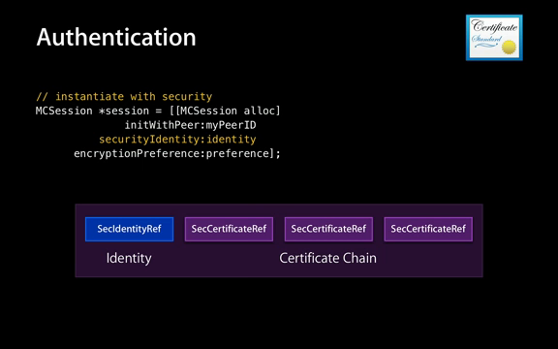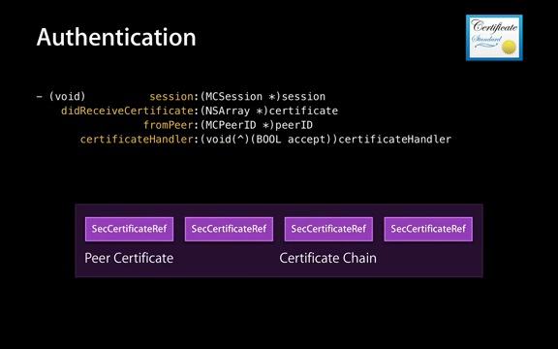This is the same format that Secure Transport uses in their APIs. Now at this point, assuming that you've set up your identity properly and the peer that you want to connect to also set up their identity properly, once the two session objects establish a link with each other, we will exchange the two certificates for you.